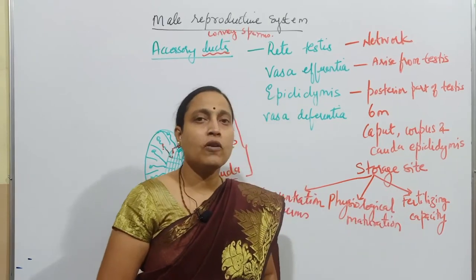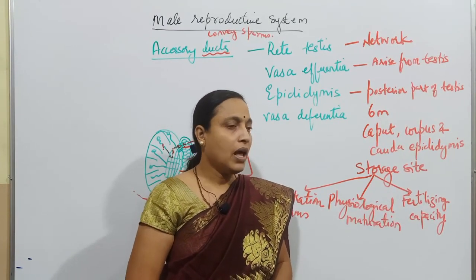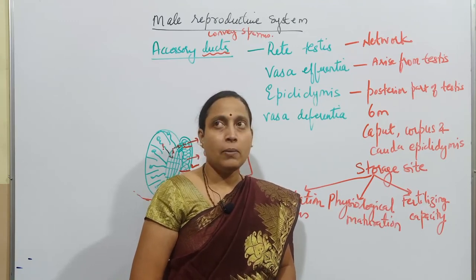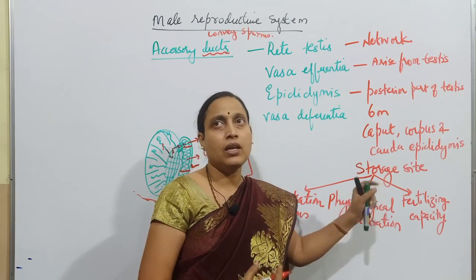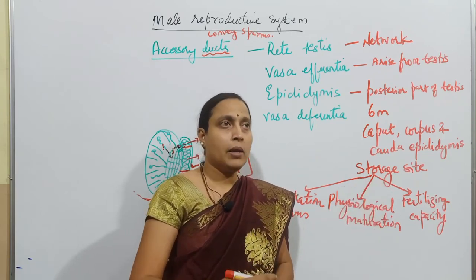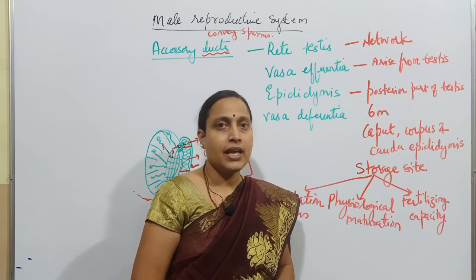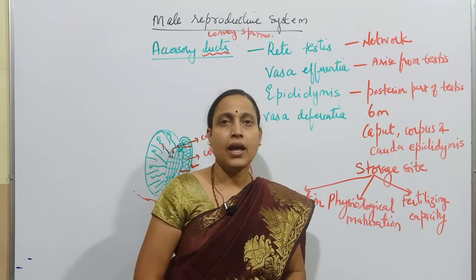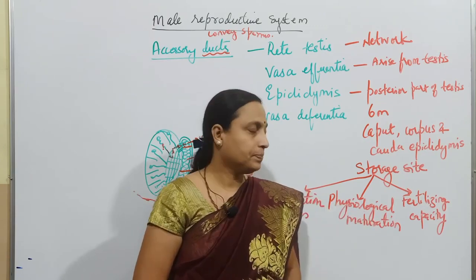It can be stored from 12 hours to 24 hours. But however, before ejaculation, it has to be stored here. The sperms do not move through the ducts all the time, but during the ejaculation process, they will be released from epididymis. So before ejaculation, it will be getting stored in epididymis.